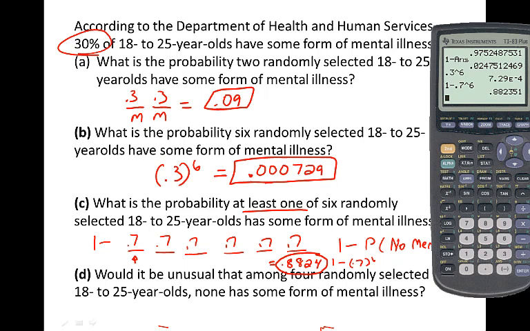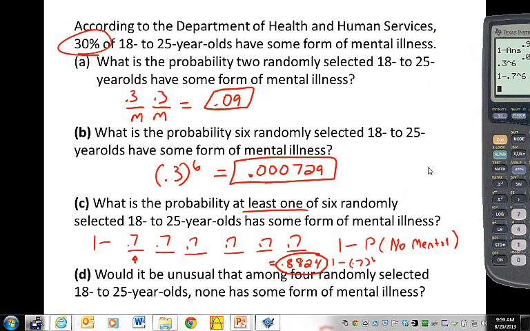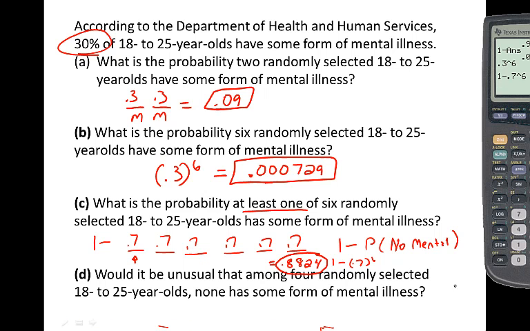So would it be unusual, part D, that among 4 randomly selected 18 to 25-year-olds, none has some form of mental illness? Remember our threshold for unusual is less than 0.05. Okay, so we need to find the probability that with 4 people, 1, 2, 3, 4, this person does not have a mental illness, this person does not, this person does not, and this person does not.